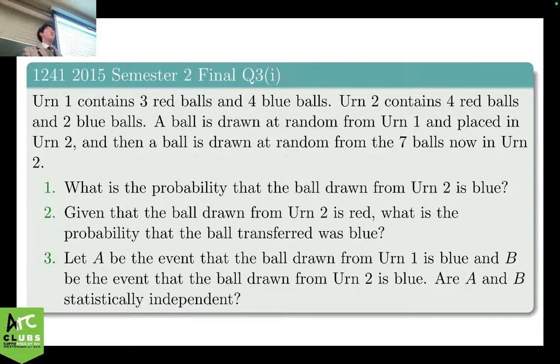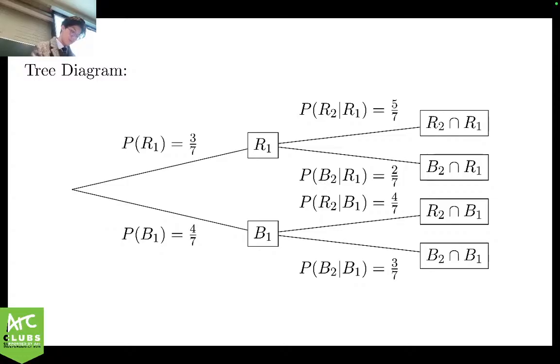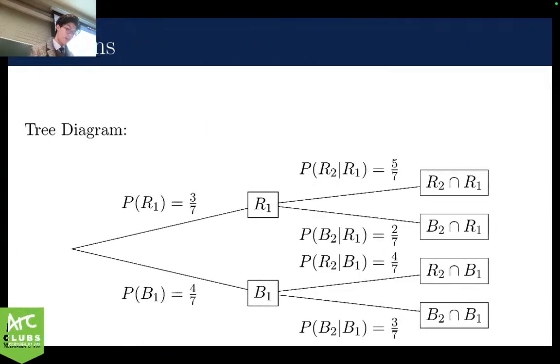So if we construct a tree diagram with all the possibilities, we firstly have the probability of the first ball being red, or the probability of the first ball being blue. Now, for urn 1, we have 3 red balls out of 7 in total, and then 4 blue balls out of 7 in total. So it's just 3 on 7 and 4 on 7.